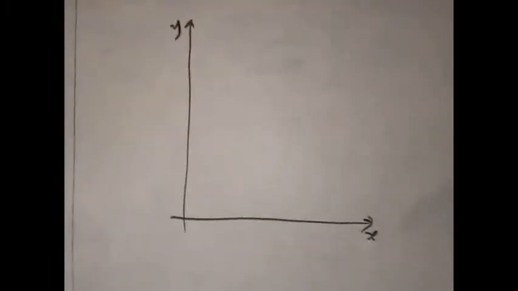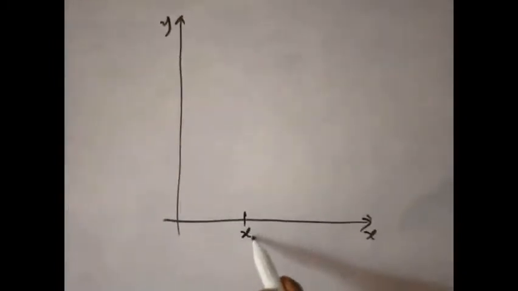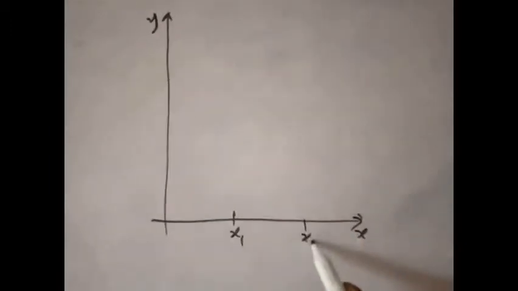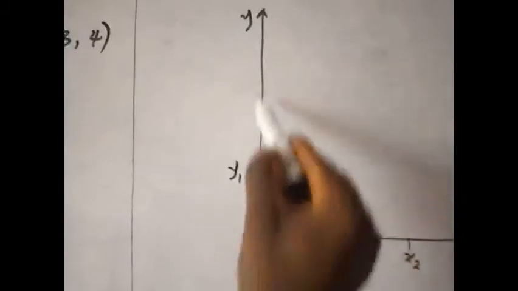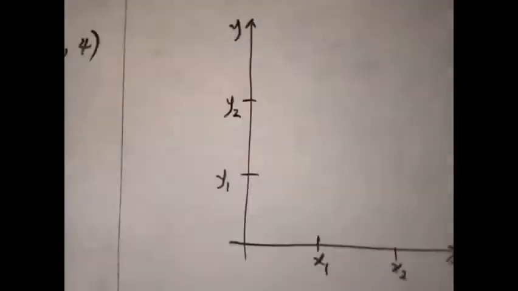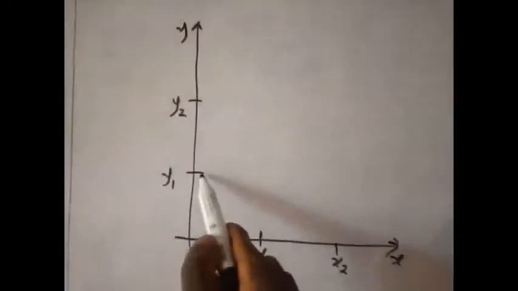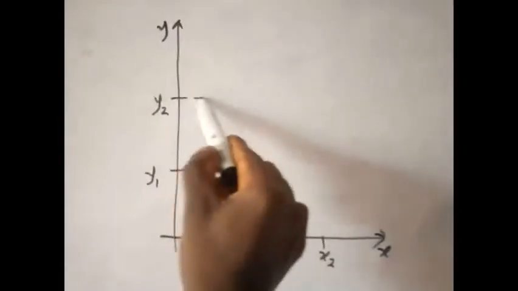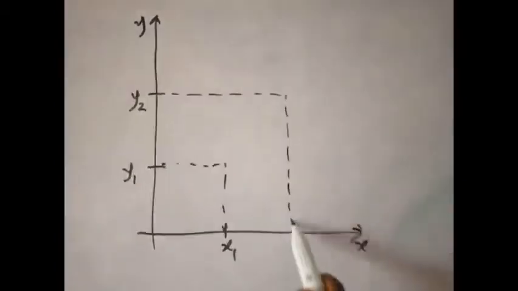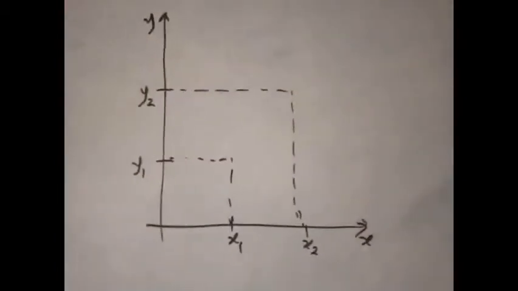Here we have x1, this is x1, this is x2. Then on this line we have y1, here we have y2. Now we are plotting x1 against y1, and x2 against y2.